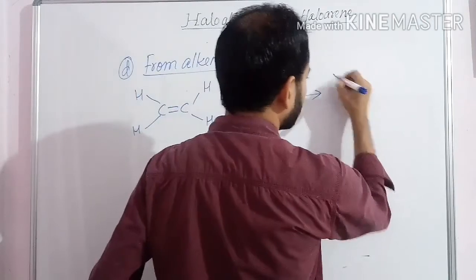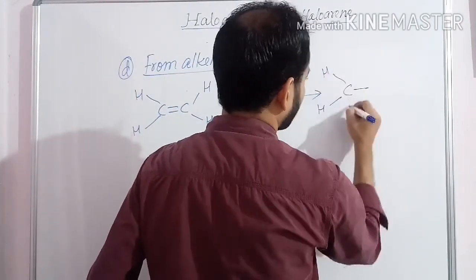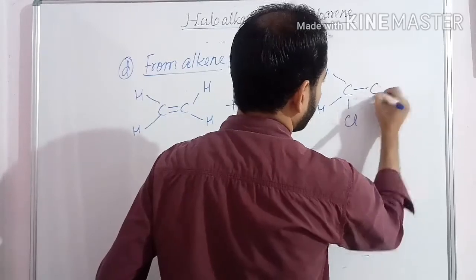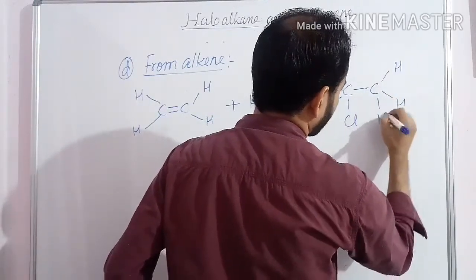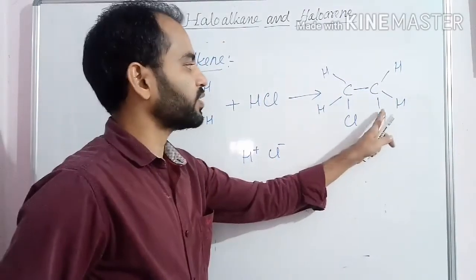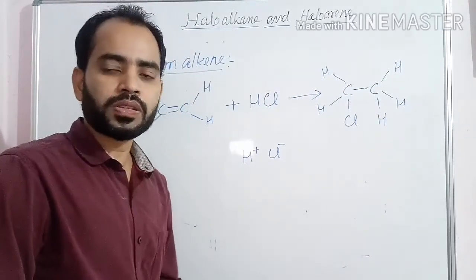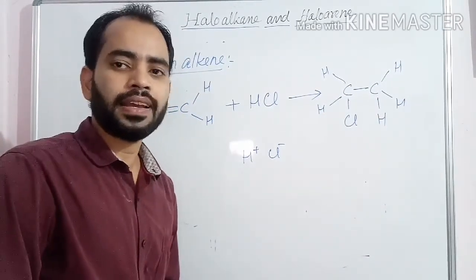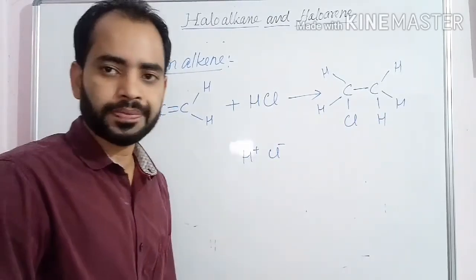So we will get alkyl halide CH3CH2Cl. So by this method also we can prepare haloalkane from alkene.